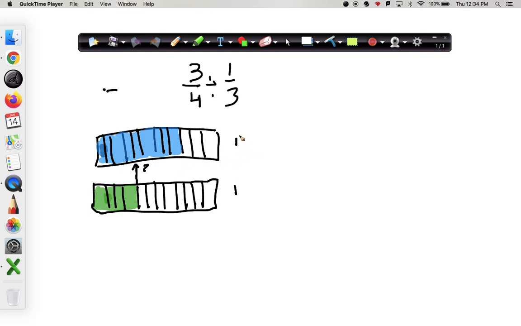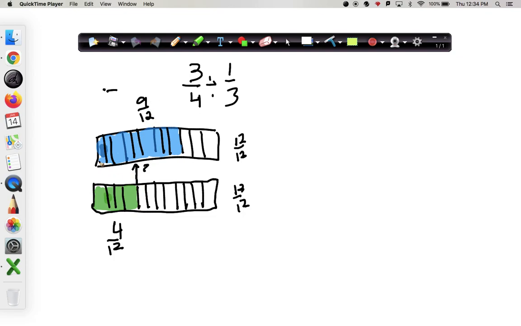So this is 12 out of 12 is 1. This is 12 out of 12. And the amount shaded here is 4/12. And the amount shaded here is 9/12.